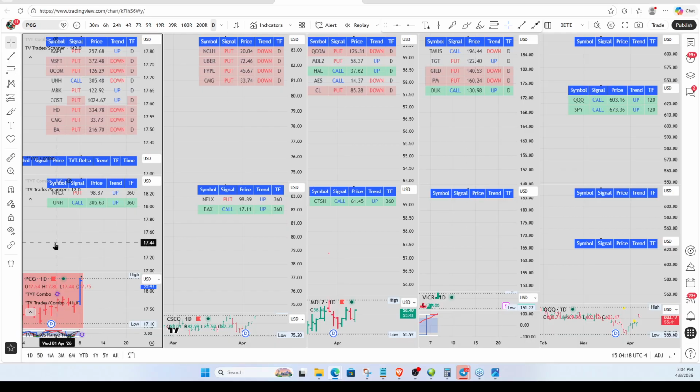So the stuff on the bottom is important at 9:30 and at 3:30. And the stuff on the top is important at 9:30, mostly at 9:30.